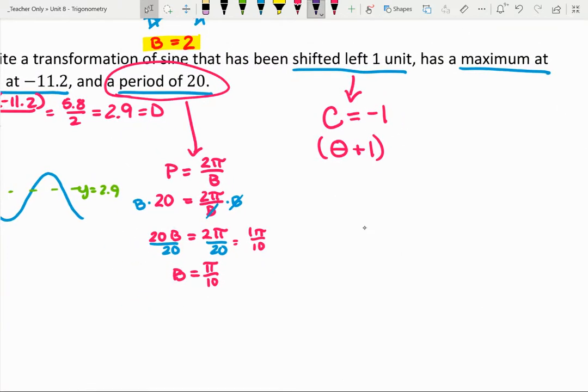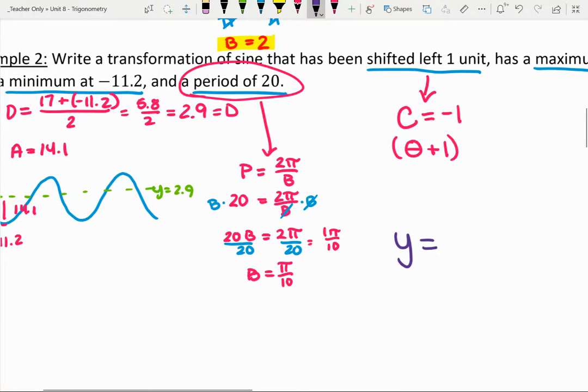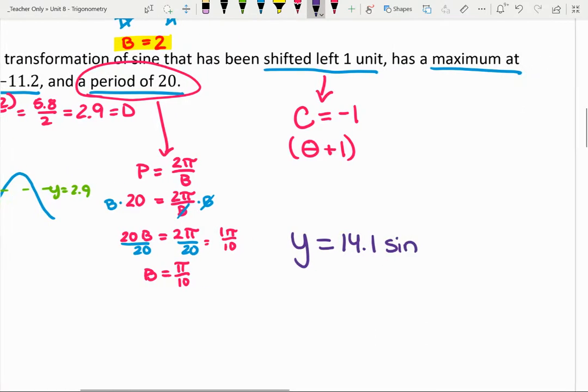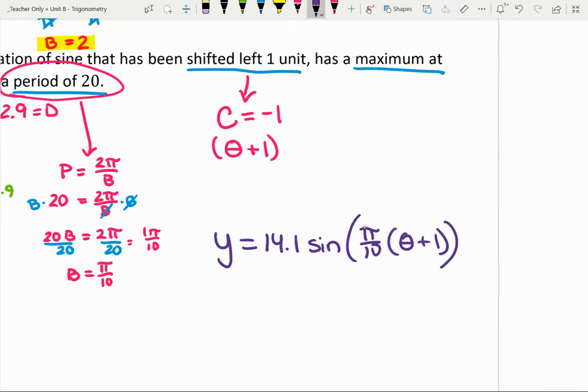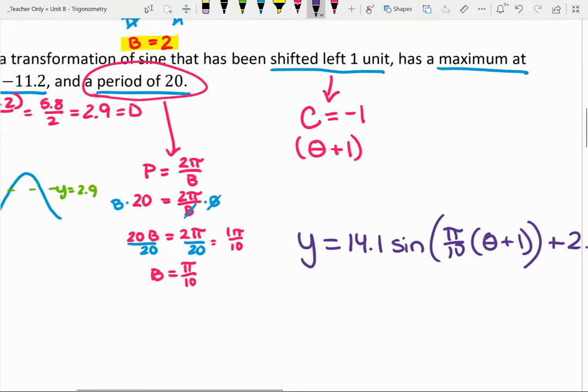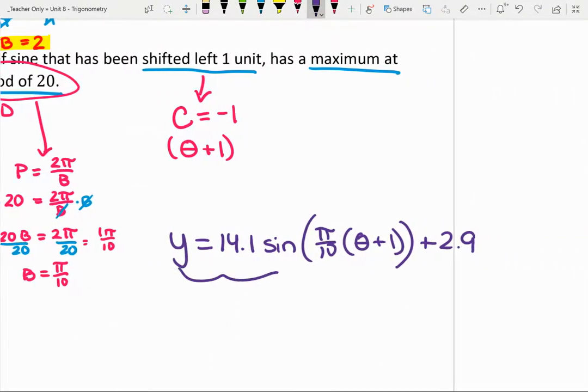So I am going to write out my formula based on the information I've discovered. 14.1 sine of, now this is where parentheses are going to be good friends of ours, pi tenths times the quantity theta plus 1, right? That was our horizontal shift. Close the second set of parentheses, and then plus 2.9. I'm just going to double check that. Yep, that was our D value.